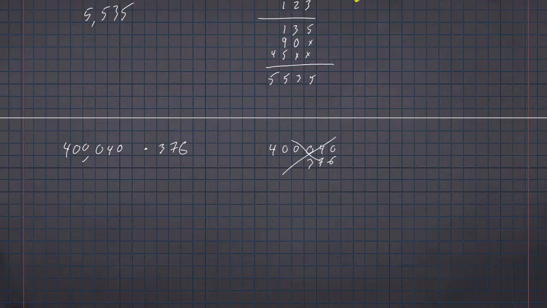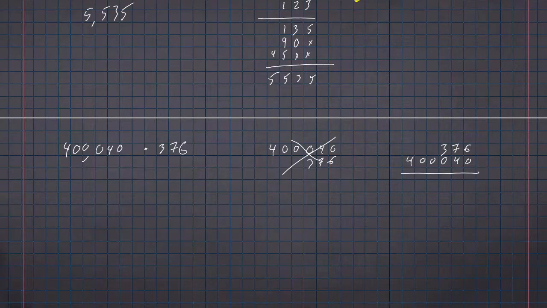But if I notice 400,040 has a bunch of zeros in it, and it has some repeated digits, it might be better for me to write the 376 in the first line and the 400,040 in the second line.